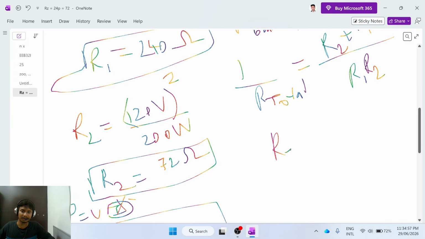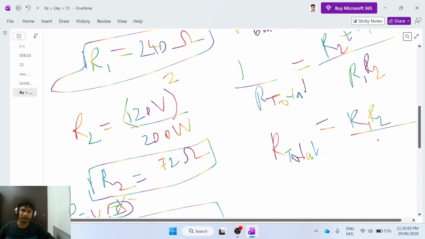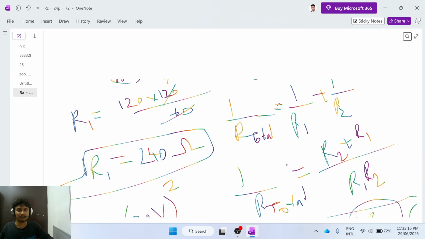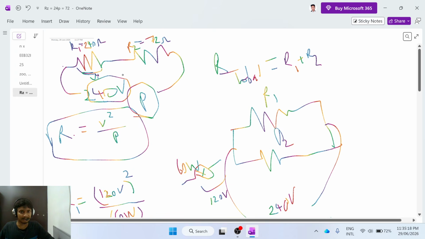Therefore, R total is equal to R1 R2 divided by R1 plus R2. If they give the diagram and say the bulbs are connected in parallel, we must use this equation for R total.